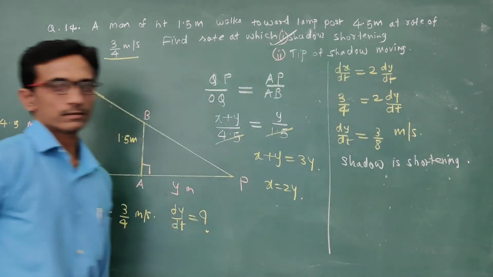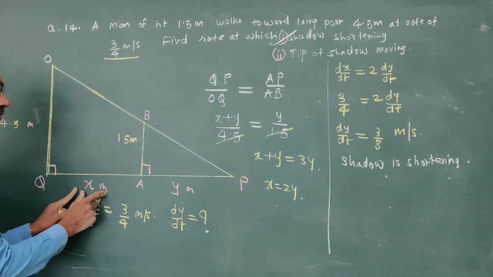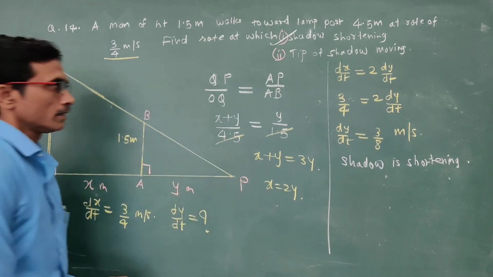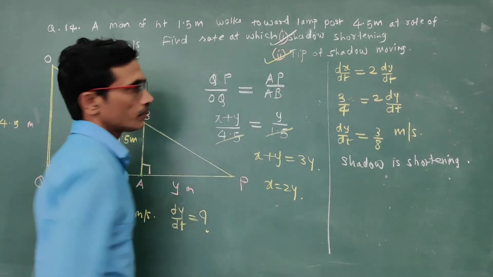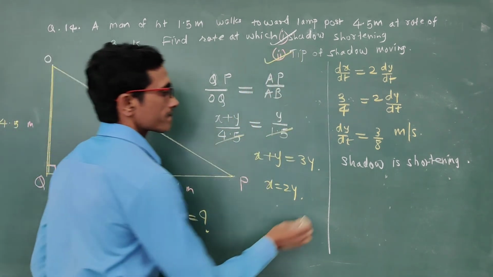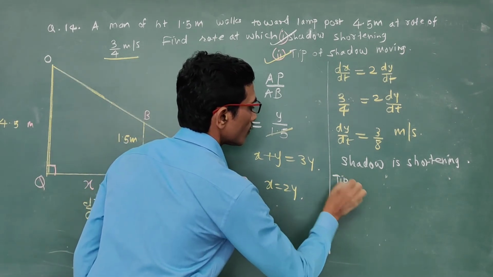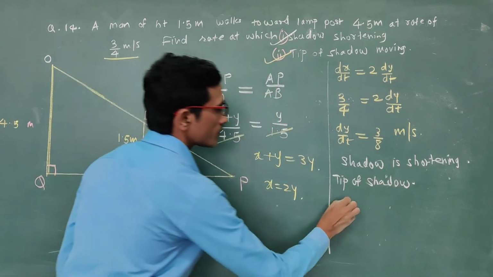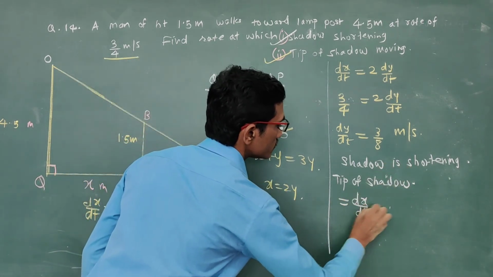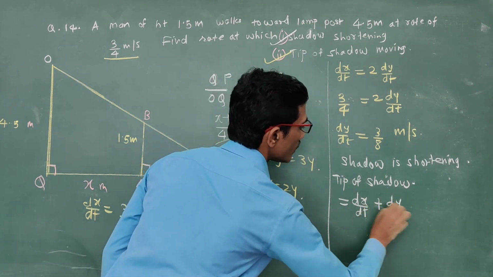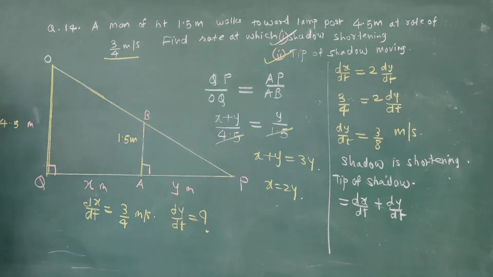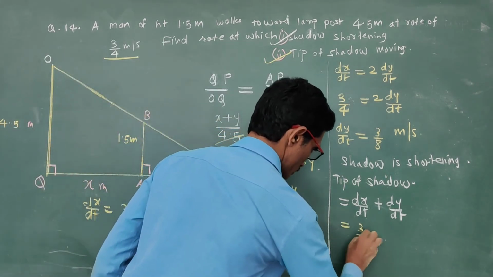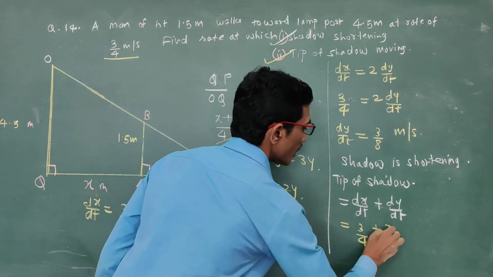Next answer is what? The tip of the shadow. That is dx by dt plus dy by dt, the whole distance from this to this. Here dx by dt is equal to 3 by 4, and dy by dt is equal to 3 by 8.